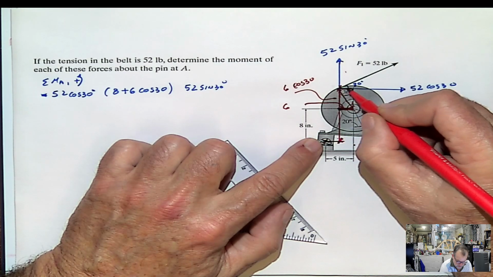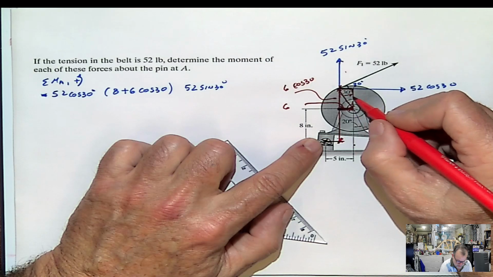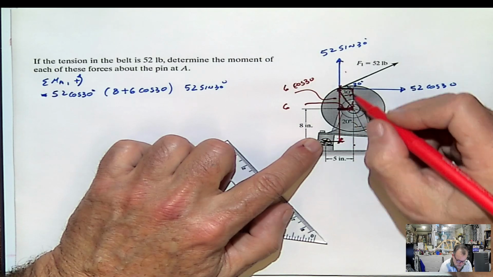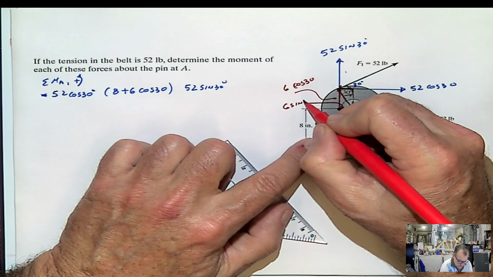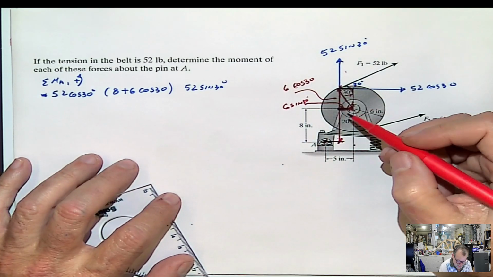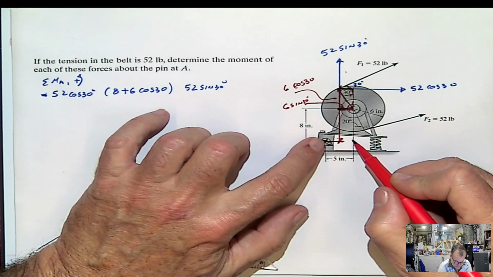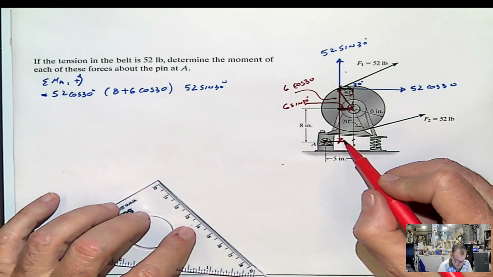This distance is the same as this one, and this distance is 6 sine of 30. Meaning the total distance will be 5 minus 6 sine of 30.